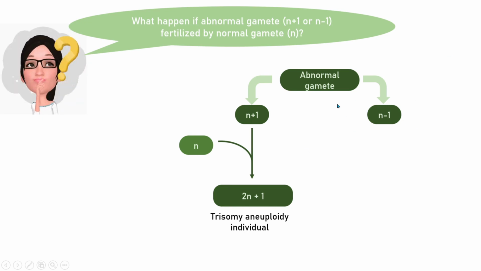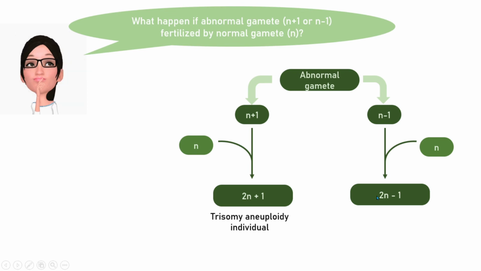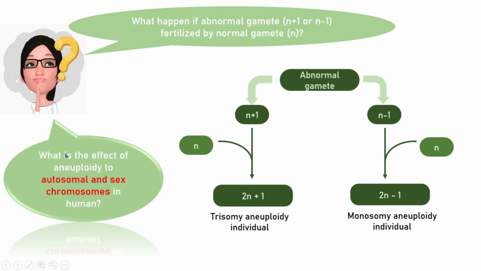If abnormal gamete n-1 is fertilized by a normal gamete, it will produce a zygote with 2n-1, also known as a monosomy aneuploidy individual. What is the effect of aneuploidy on autosomal and sex chromosomes in humans?